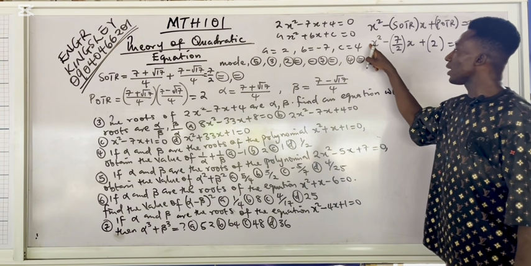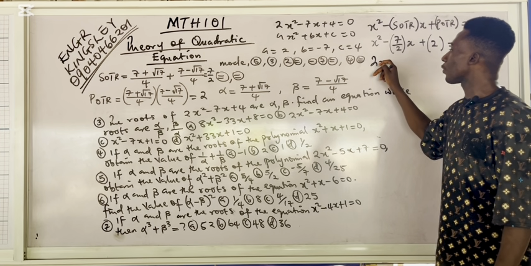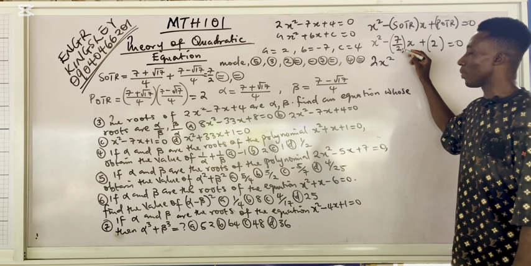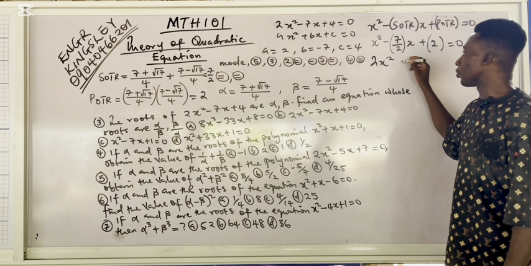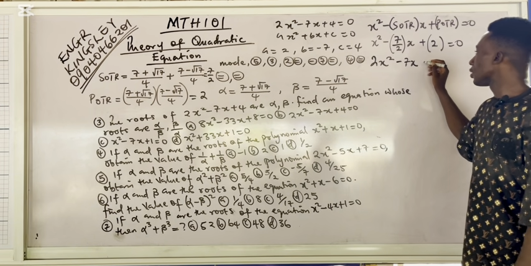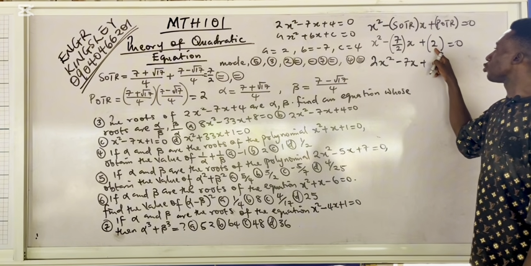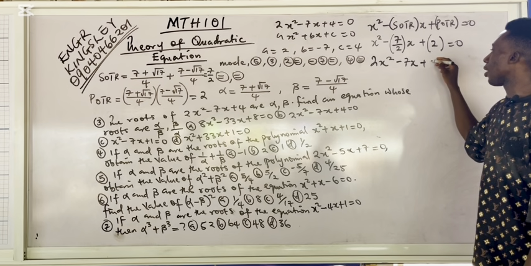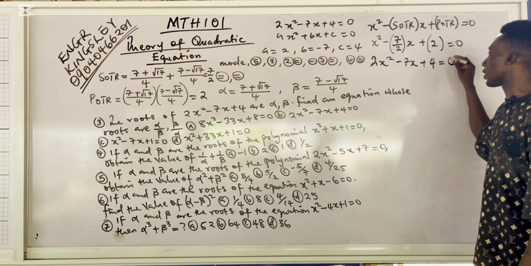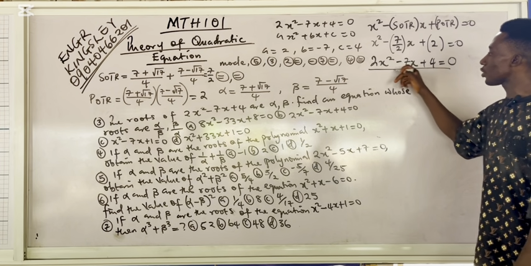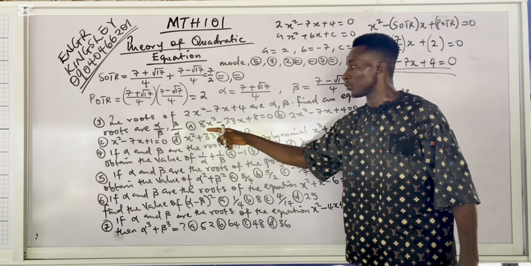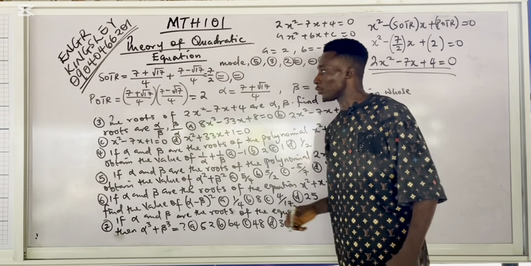So multiplying x squared with 2, we have 2x squared. Multiplying minus 7 all over 2 by 2, the denominator will go, leaving minus 7x. Multiplying 2 by 2 here, I will have 4, equal to multiplying 0 by 2, I will get 0. So this is the equation that the roots are alpha all over 2, beta all over 2.